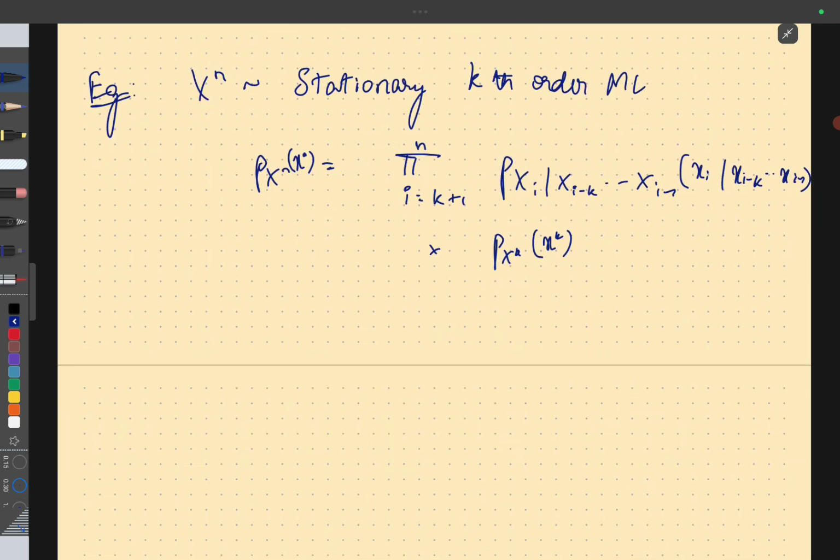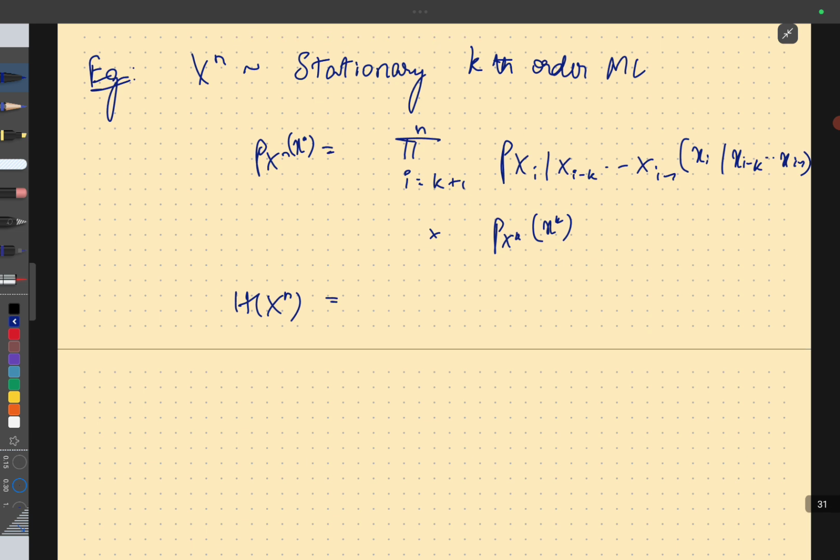So in this case, what is H(X^n) equal to? You can just use the chain rule of entropy, and you will get the sum from i equals 1 to n of H(X_i given X_1 up to X_{i-1}).